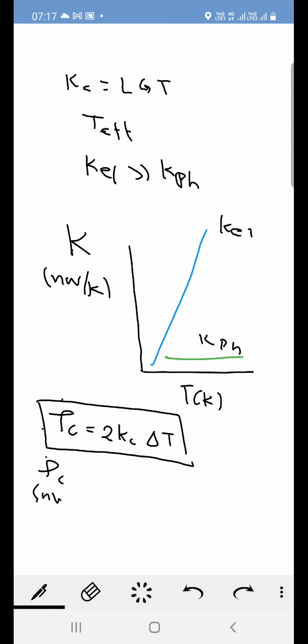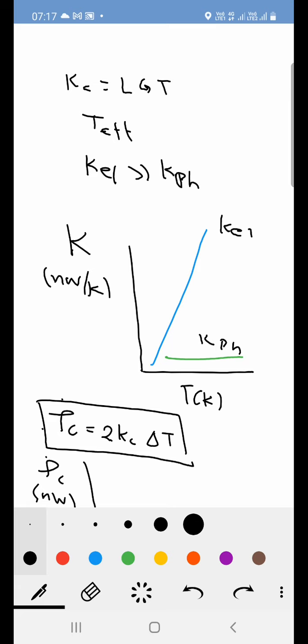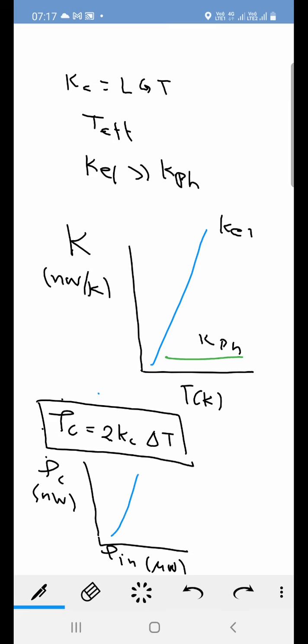expressed in nanowatt with respect to rho n expressed in microwatts, which is the internal energy. So we can see that again the plot is linear.